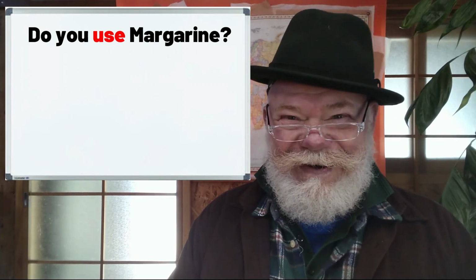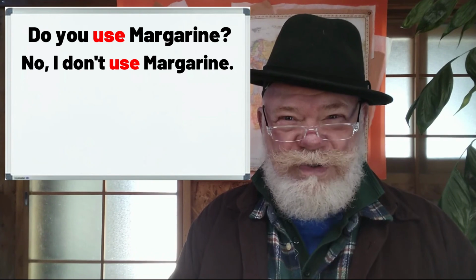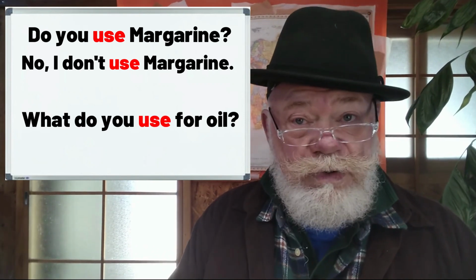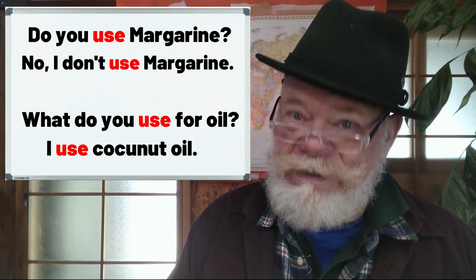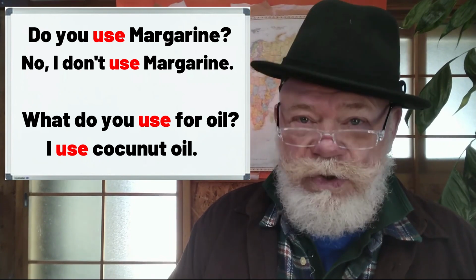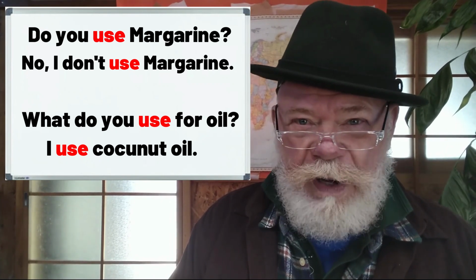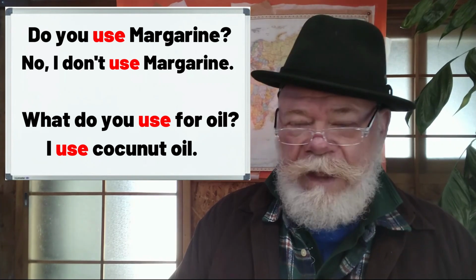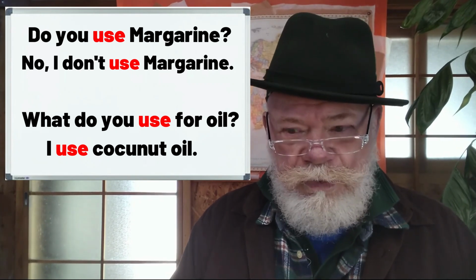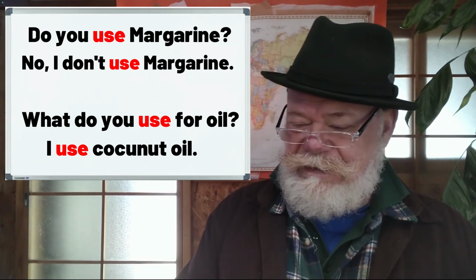No, I don't use margarine. What do you use for oil? I use coconut oil. You see, use, it means it's something you occupy and you put into occupation through using it. Okay, that's the verb form of use.